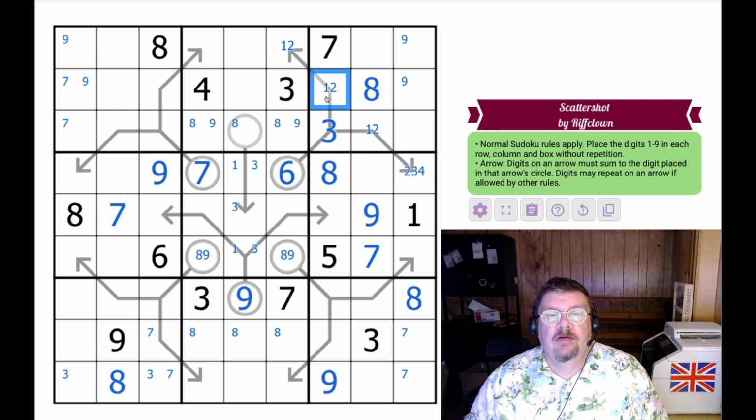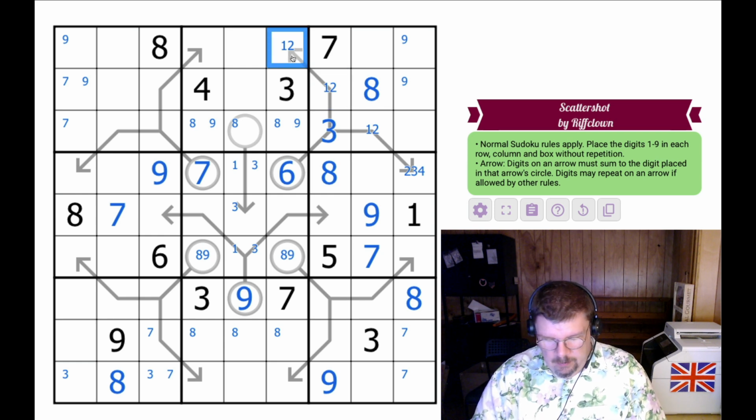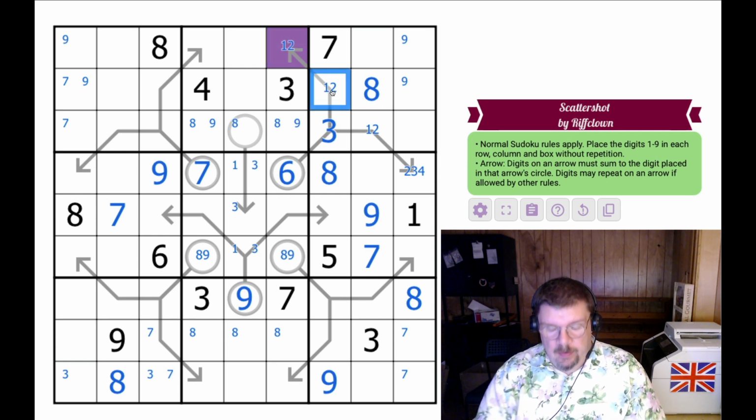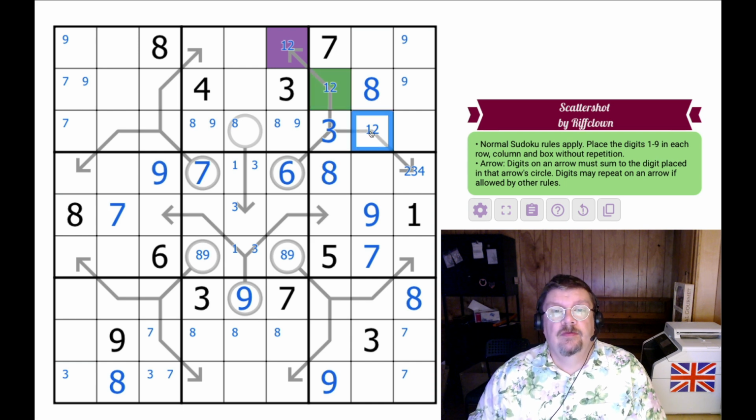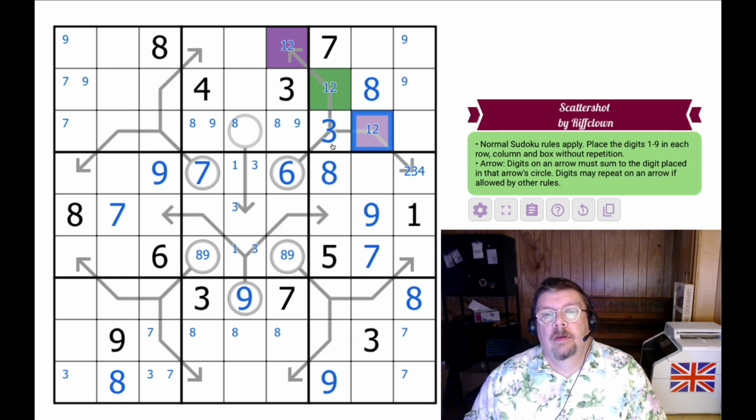Those two are different because they add up to 3. So let me color that purple and green. I can see that that is now purple. So if that's, how do I get 4 back on there?